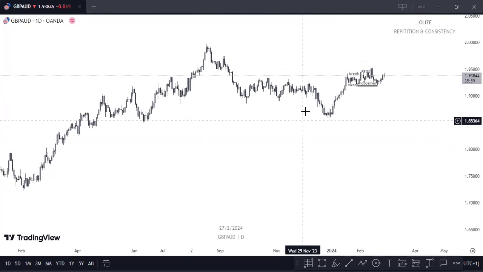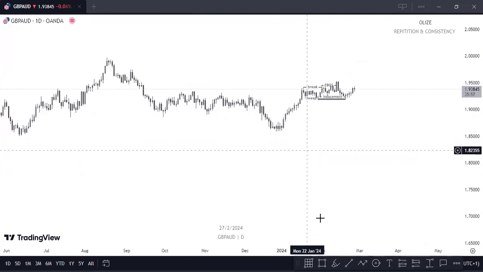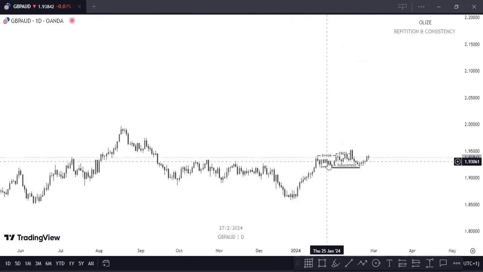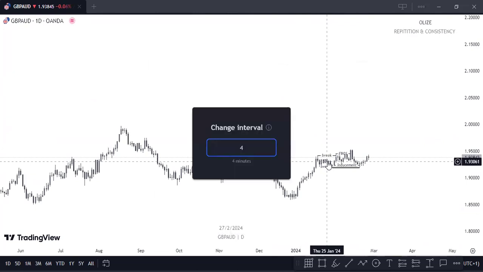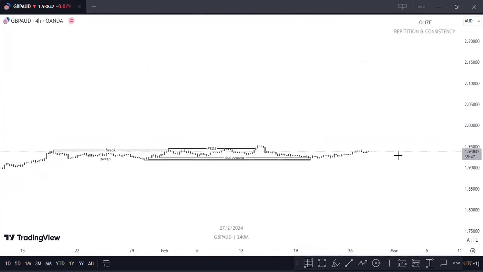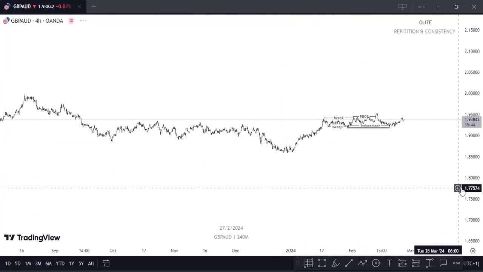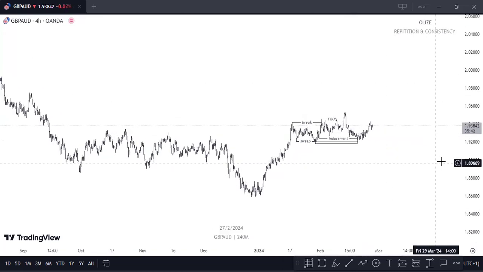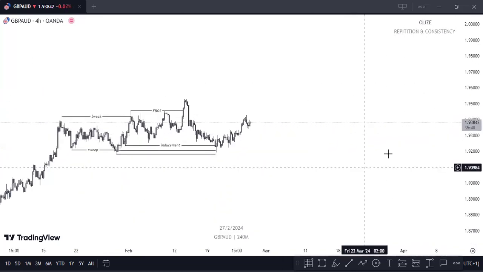Bullish. Okay, so still heading towards here. Now from your daily, let's come to the 4 hour. We don't do anything on daily, you just want to know what direction you are looking for.